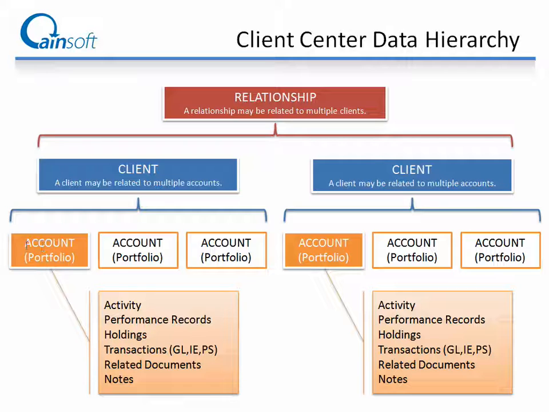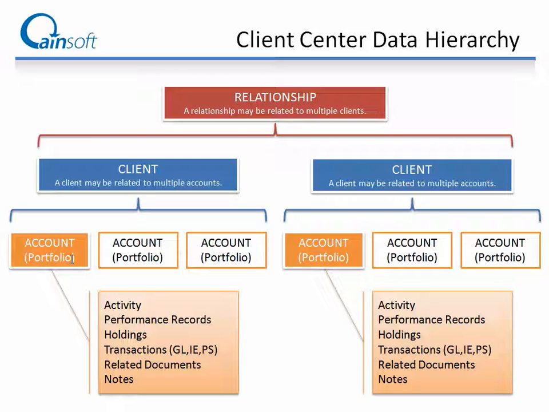Basically, all of the records that contain reportable information, that being monthly activity records, performance records, holdings, any type of transactions, related documents, client notes, things like that, are all related to an account number, or in the interface you might also see portfolio being used.